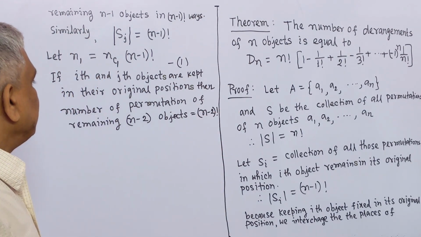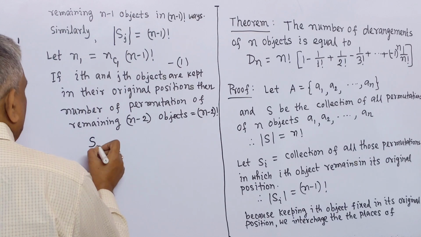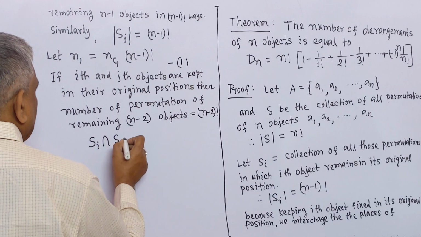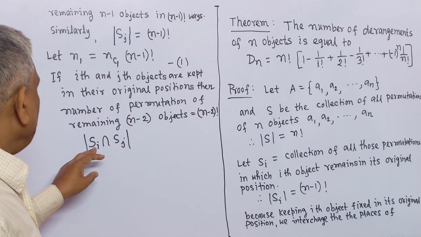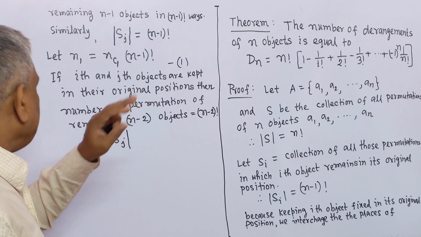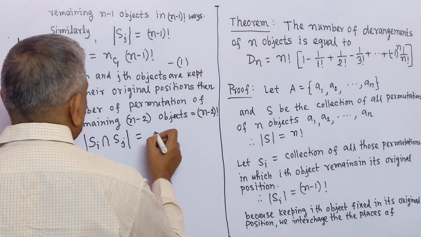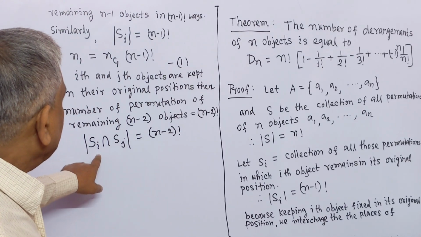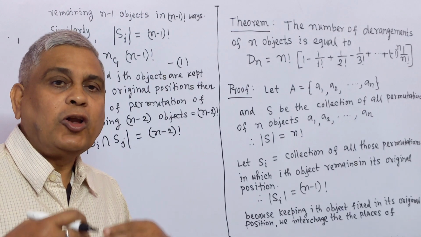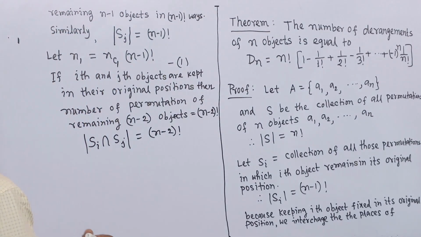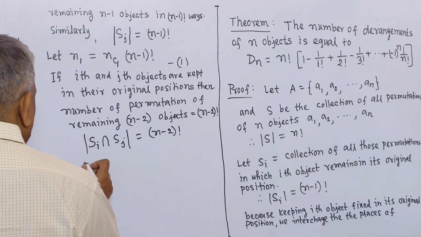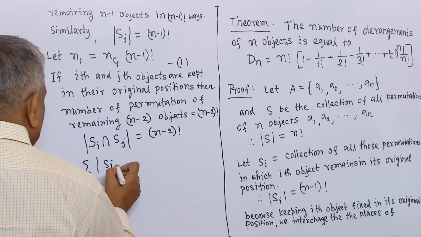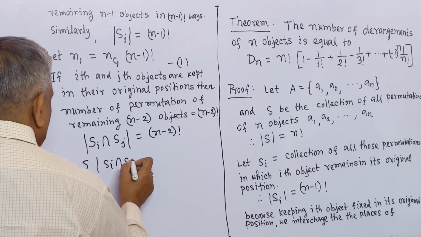We may write this as Si intersect Sj, and the number of elements of Si intersect Sj is (n-2)!. Let us take the sum of all possible permutations, the sum of Si intersect Sj.